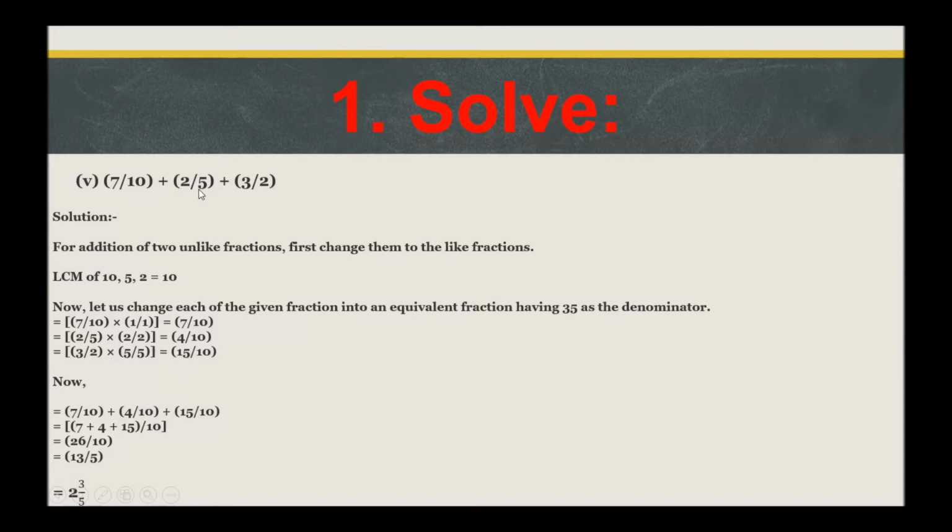Next, 7 upon 10 plus 2 upon 5 plus 3 upon 2. Here for the addition of unlike fractions, first we will make them into like fractions. Here three fractions are given. The denominators of the three are 10, 5, 2. So we will find the LCM of 10, 5, 2, that is 10. Now we will make the fractions equal.